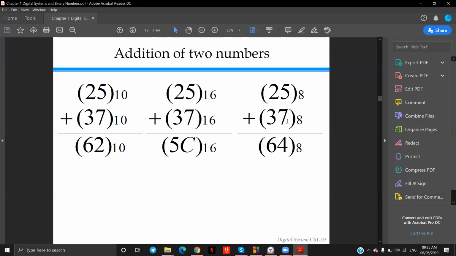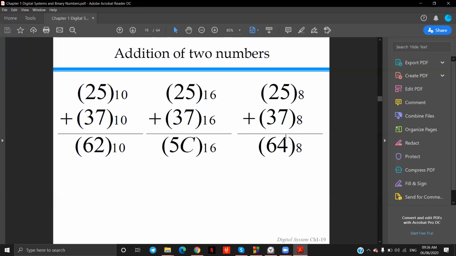If you divide 12 by 8, you will get 4 as a remainder and 1 as the quotient. Just put down this 4 here. 7 plus 5 is equal to 12. Divide 12 by 8, and you will get 4 as remainder and 1 as the quotient.